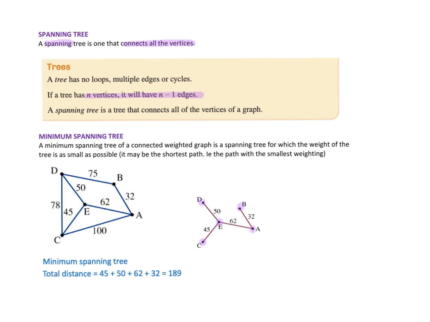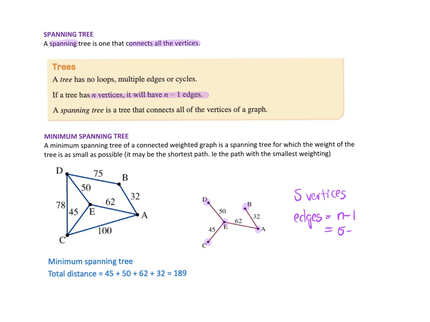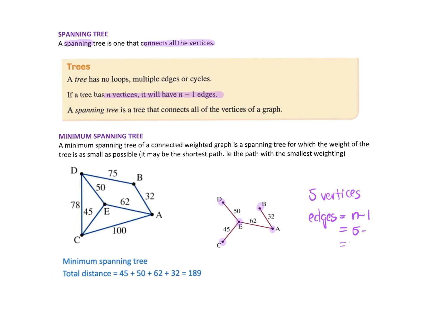So its edges must equal n-1, that would be 5 minus 1. So it's got 4 edges. And if you have a look there, it does have 4 edges: 1, 2, 3, 4.